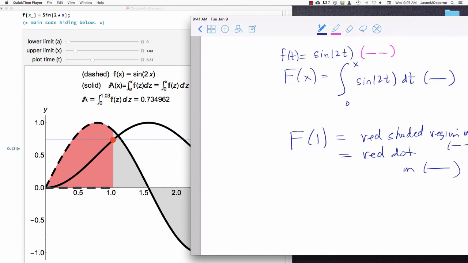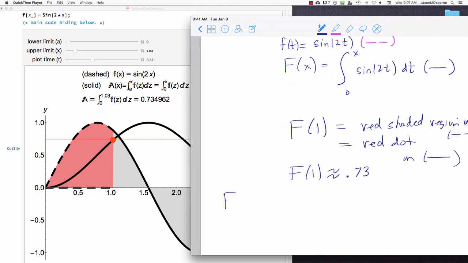Okay? You see that? So F of 1 is the area function. It's the area under the dotted line function from 0 to 1. Okay? And according to this picture, we said it was about 0.8, but we're seeing here that it seems to be somewhere around 0.73, maybe closer to that. So it's a more refined estimate.